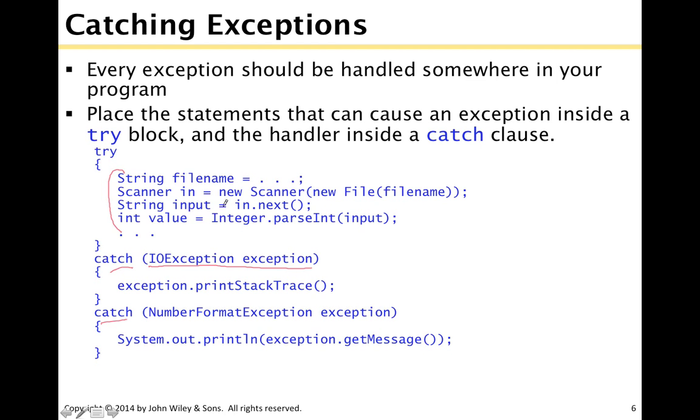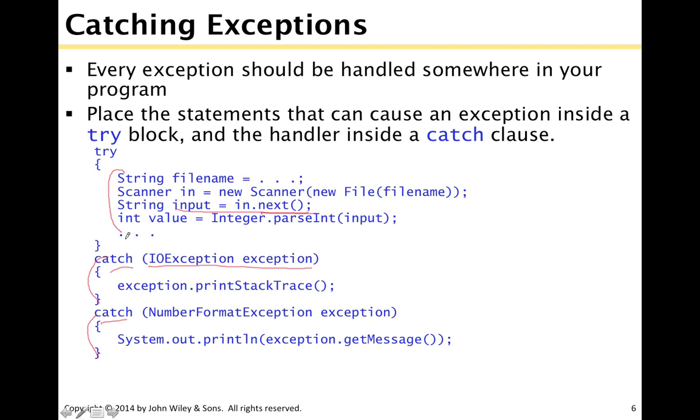So for example, at this line, if an exception is thrown from the next method call, and the exception thrown is of type IOException, then this catch block will be executed. If the exception thrown matches the NumberFormatException type, then this catch block will be executed. So the execution flow is as follows.